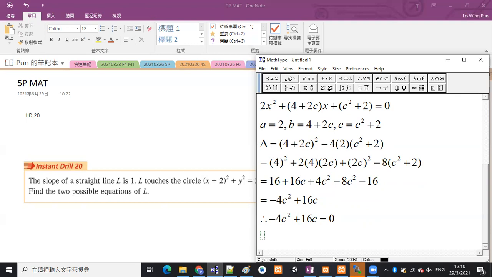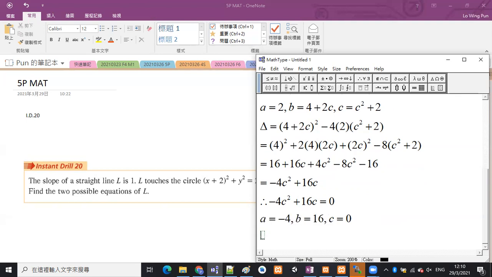What are they? I think it should be 0 and 4. Am I correct? c should be 0 or c should be 4. And do not write x here because we are calculating an equation of c. So the final two answers should be these two numbers.